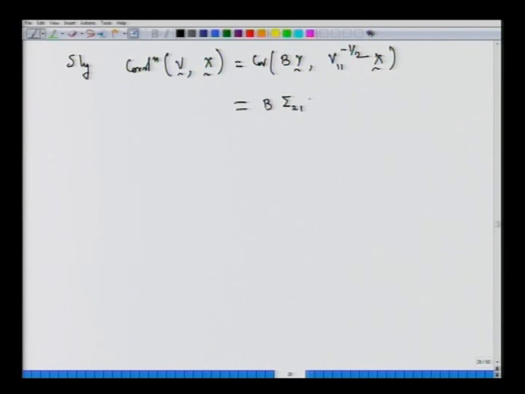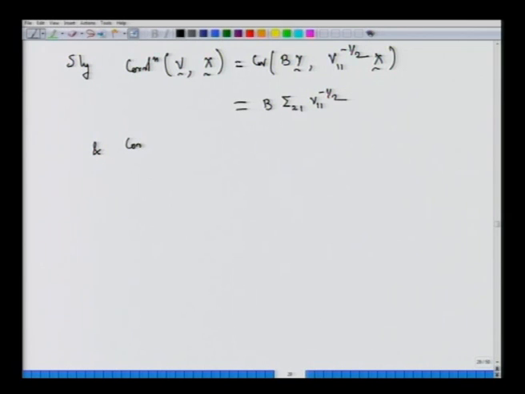In a similar way, what we can write is the correlation between the other components, which is the correlation between v and x. This would be the covariance between v, which is b times y, and this x we will write as V11 to the power minus half times x, and thus this is going to be b times the covariance between y and x, that would be sigma 21 times V11 to the power minus half.